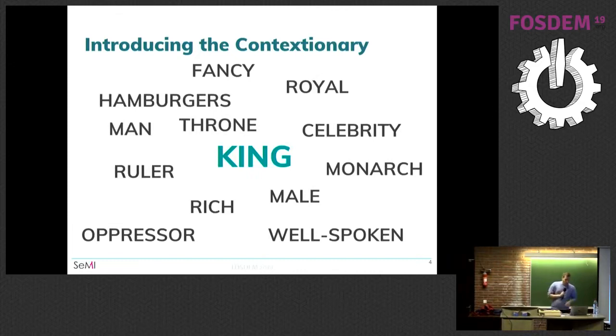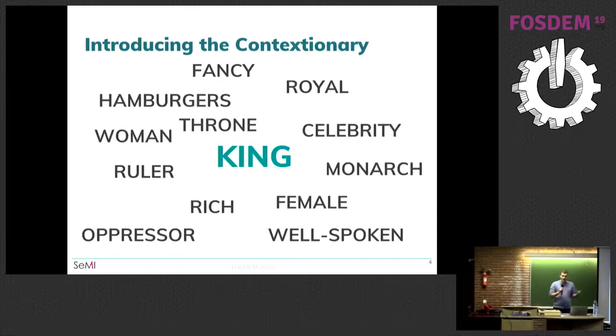If we take a look at this word king in a vector space, seeing king as the sum of all of these words that make up the context, then we can perform basic mathematical operations on it. One that I've done here is taking man and male, subtracting that, and adding the word woman or female.